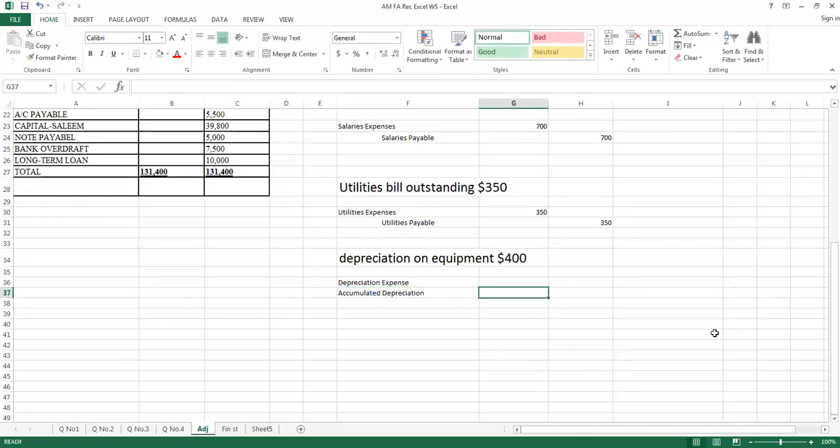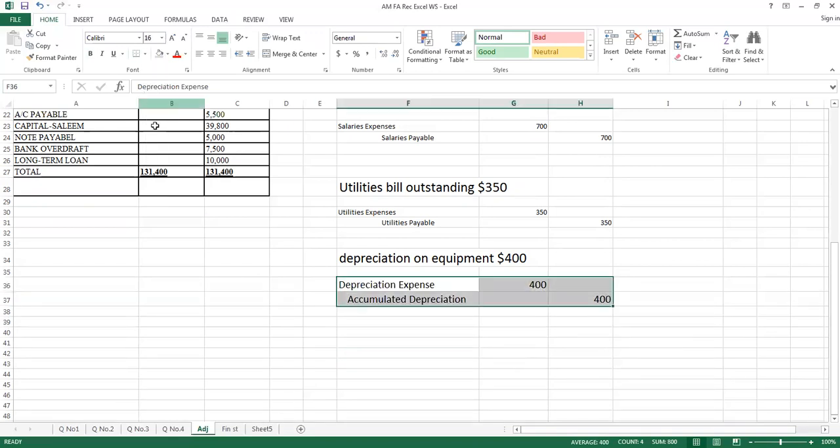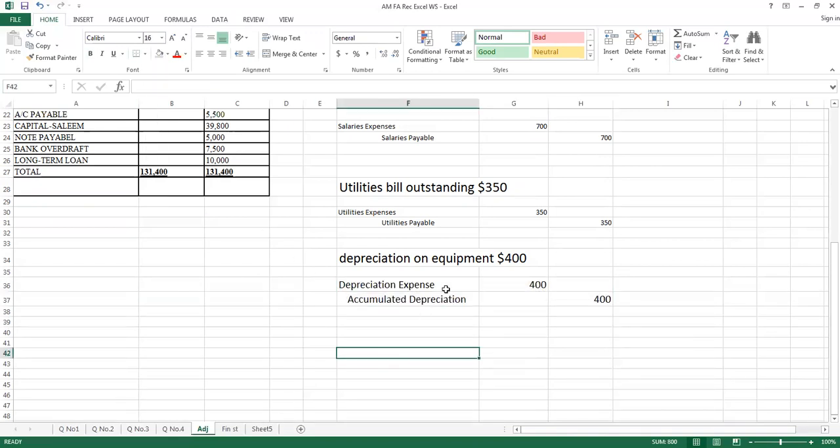You can mention on the debit or credit side on which assets you are applying it. So this is the entry that we are preparing: depreciation expense debit by 400 and accumulated depreciation credit by 400.